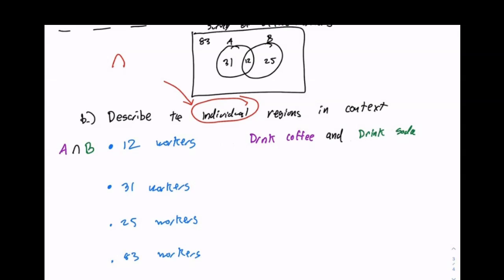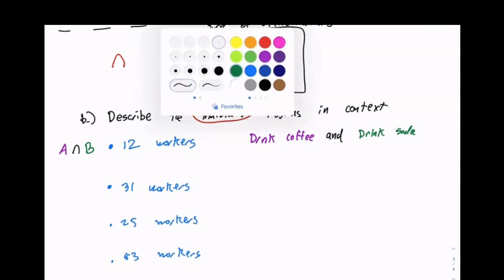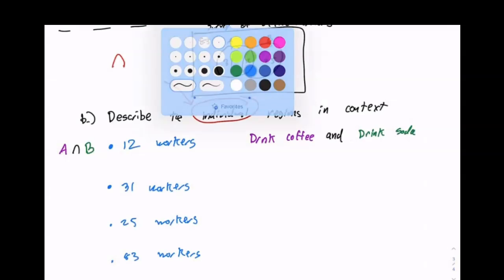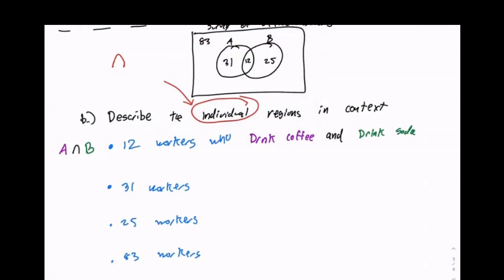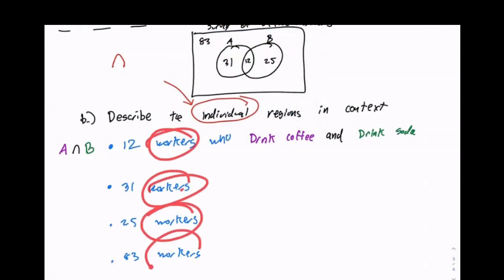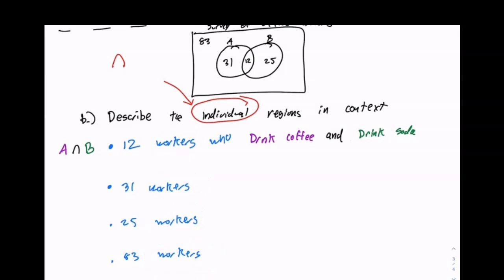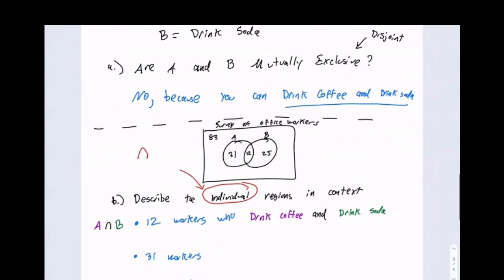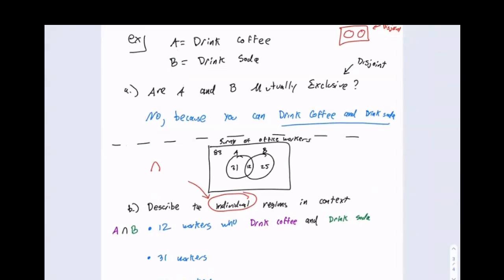We are talking about the workers. These are workers who drink coffee or drink soda. Region A represents, all these numbers together represent the office workers. A represents those who drink coffee. B represents those who drink soda, of the office workers.